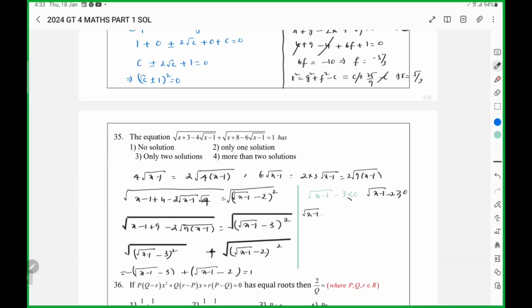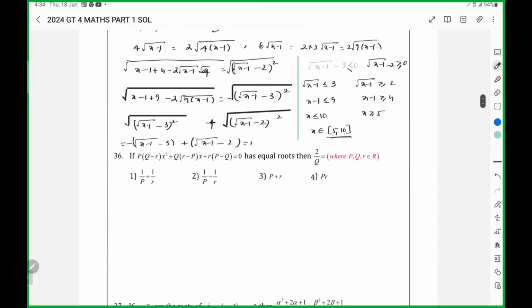So root of x minus 1 is less than 3, x less than 10, x greater than 5. So there are many solutions. That means every number between 5 and 10 is a solution. It has infinite solutions.